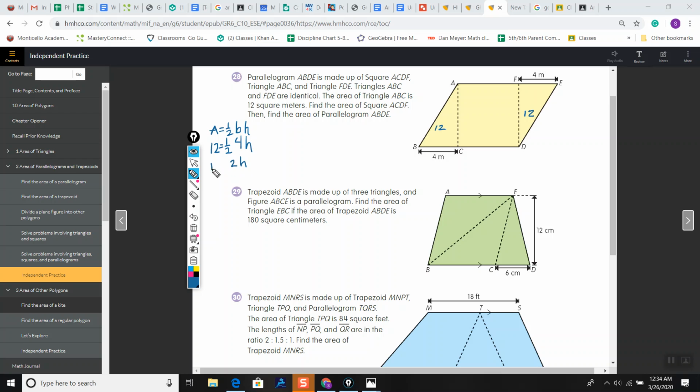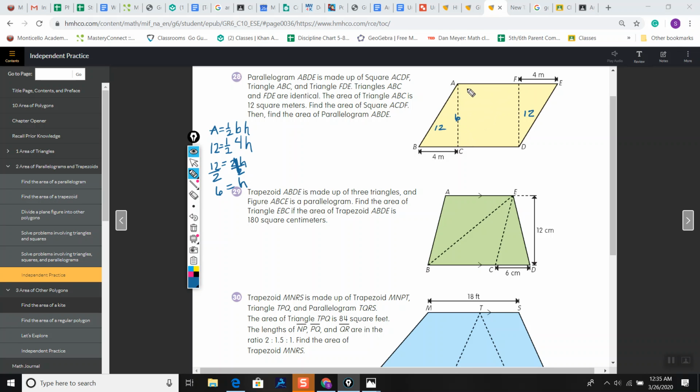And then 12. So I have to divide both of these by 2. So then, 12 divided by 2, excuse me, is 6. So I have a height of 6.